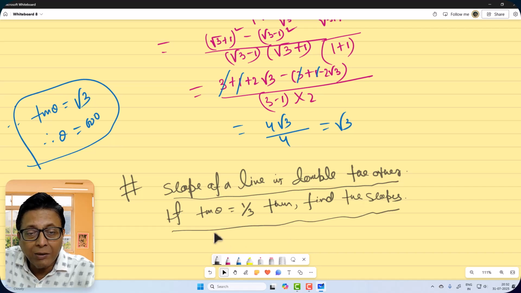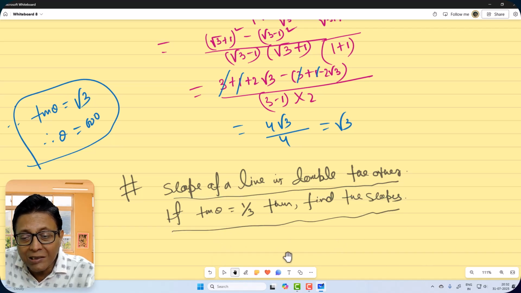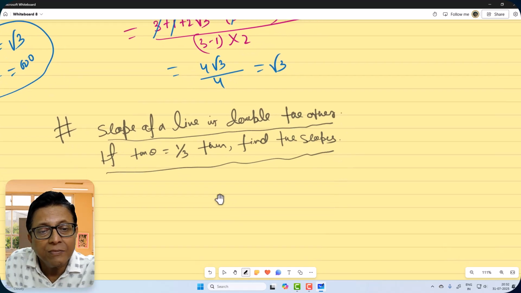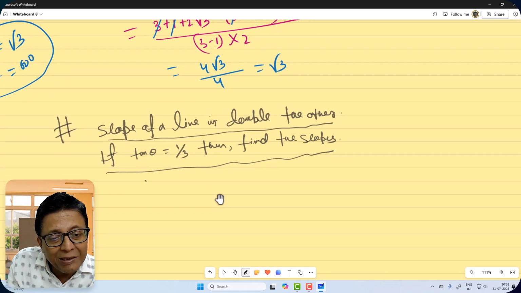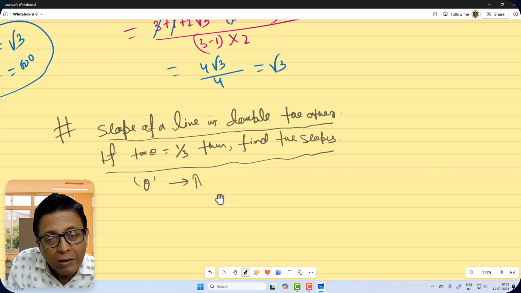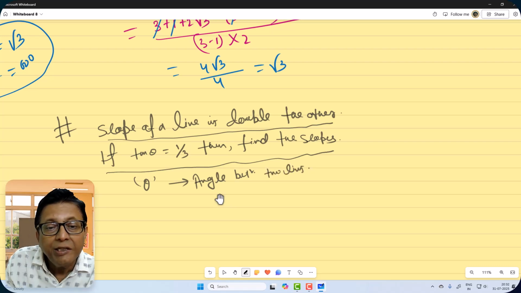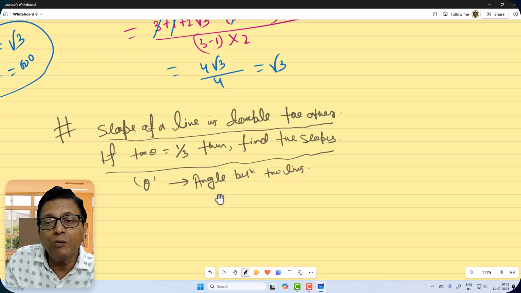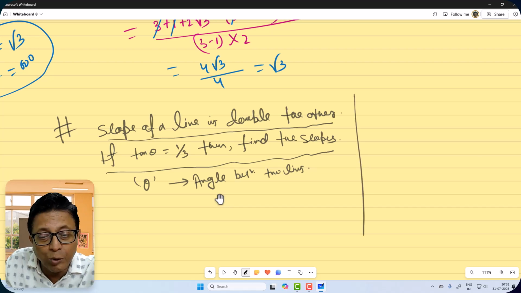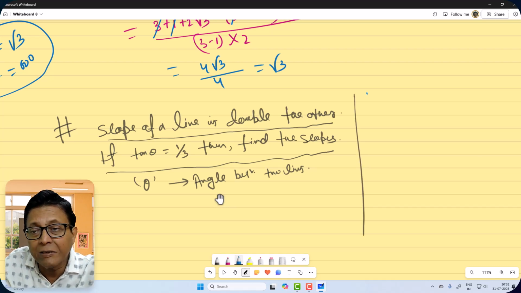Slope of a line is double the other. If tan theta is 1/3, what are the slopes? This actually I have taken, theta is the angle between two lines. Your problem is to find the value of two slopes, M1 and M2. So start in this manner.